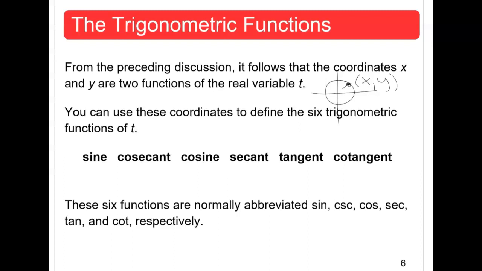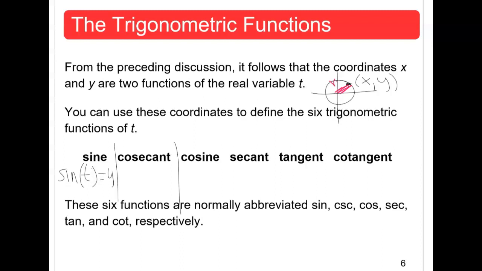And so right here, the red one will be the radius. For sine, we will be using the coordinate y. So we will say sine of the angle t is equal to y.